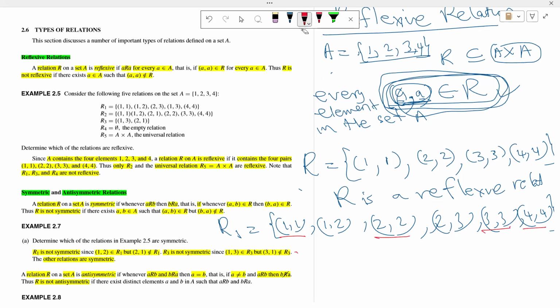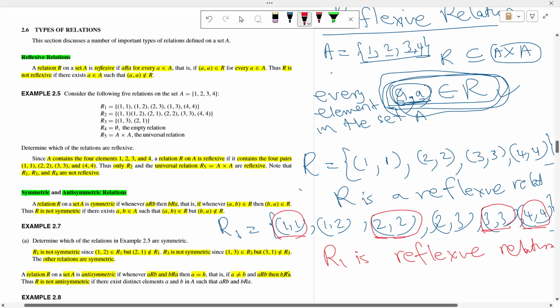Definitely these four pairs must be included in this relation. Maybe you have other ordered pairs as well. First, you need to check whether all these four ordered pairs are available. If they are available, you don't need to worry about the other ordered pairs in that relation. We can say this relation R1 is a reflexive relation.